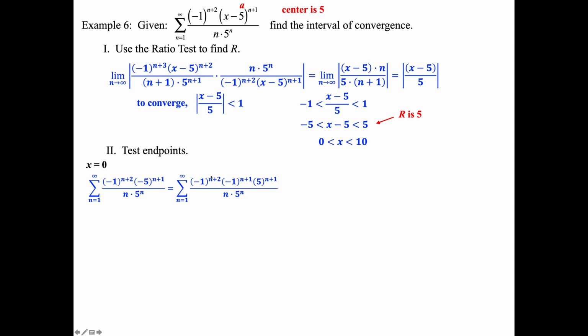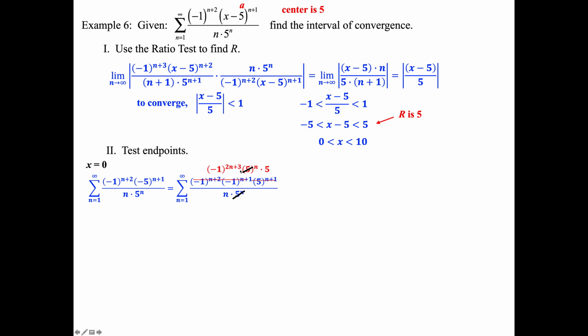Now, these two can be multiplied together. They're like bases, so I add the exponents together, and that gives me negative 1 to the 2n plus 3, n plus n and 2 plus 1. And of course, my 5 to the n plus 1, now that these bases are exactly the same, I'll break that down. So I can cancel my 5 to the n with 5 to the n.